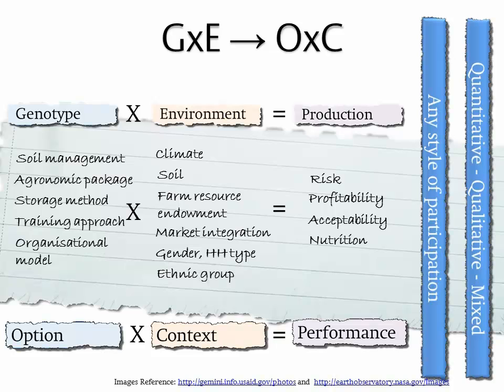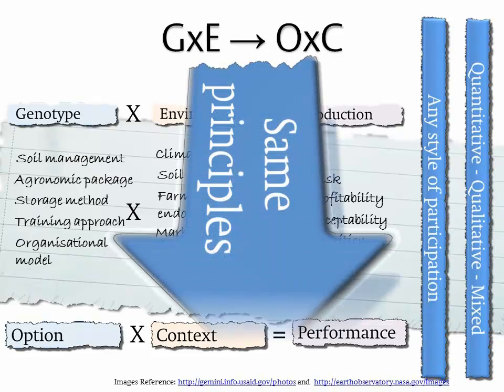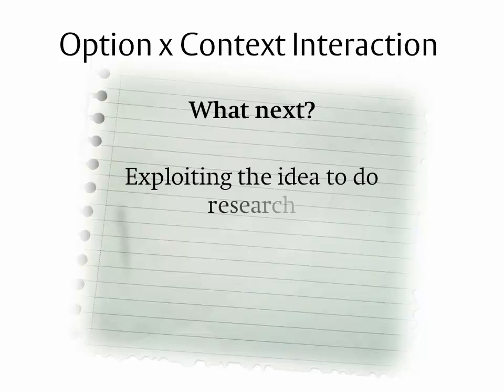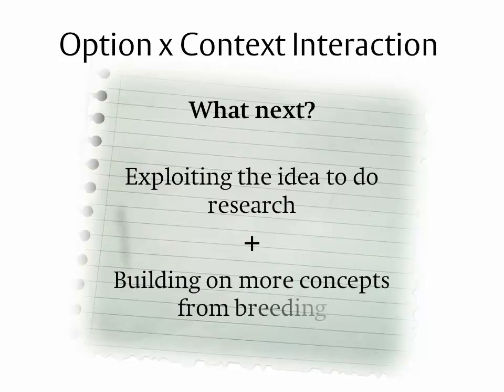And the reason it's relevant is because there are common principles that underlie how we should do research to discover and understand option by context interaction. So, what next? In further videos, we will explore two things: how the idea of option by context interaction can help us design improved research, and how we can actually build on more concepts from breeders to do research effectively.